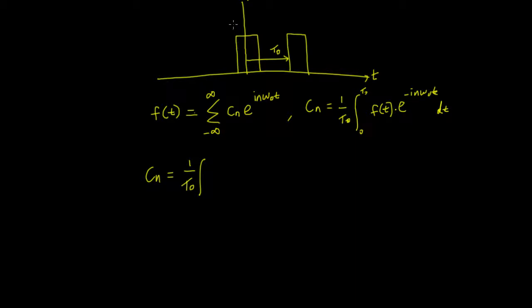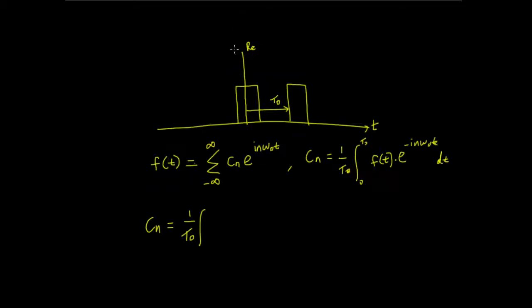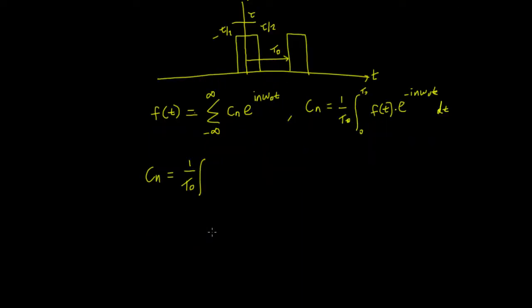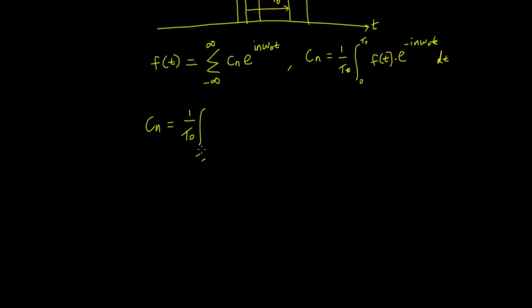So we can give that little distance there a value of tau. This point here will be minus tau upon 2, and this point here will be tau upon 2. So the limits of that integration are minus tau upon 2 to tau upon 2 of our function.